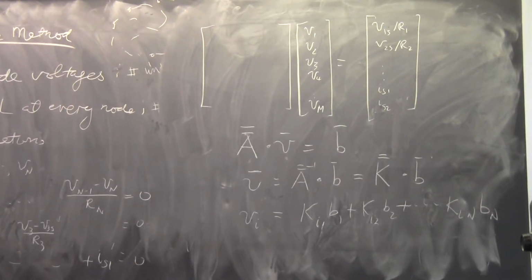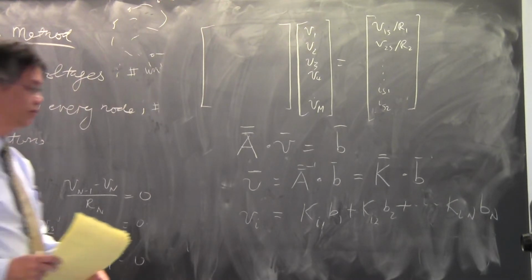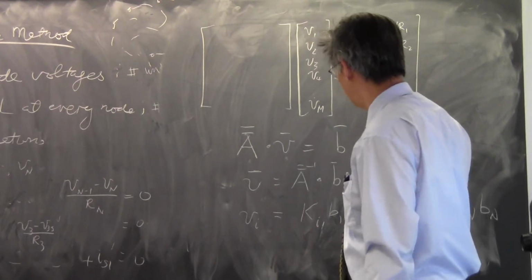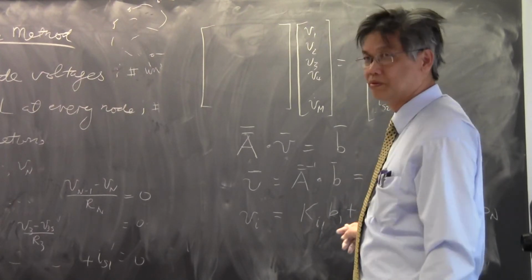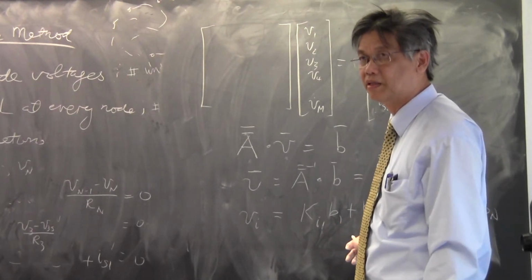And that means that any voltages that are unknown in the very beginning are linearly dependent on all the known sources you have in the system. Okay, this fact can be proven by linear algebra, and it's a linear superposition. You can solve this problem by turning off these sources one by one, making the problem simpler.